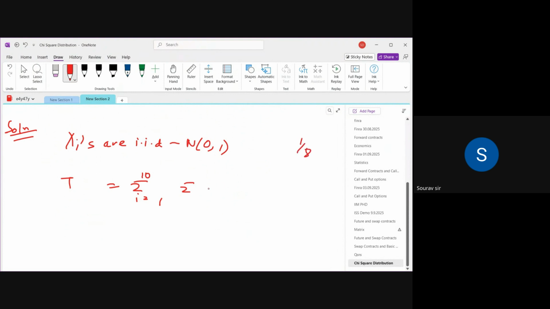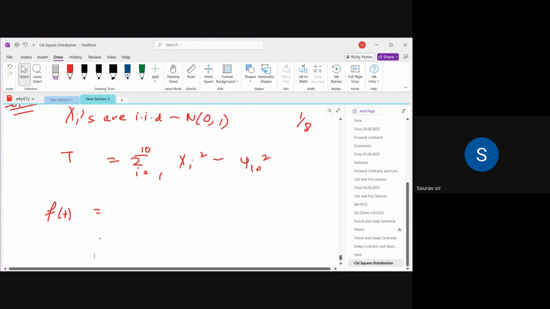Okay, let's see. So here i goes from 1 to 10, so it's a summation. So here T follows chi-square with 10 degrees of freedom. You have to find the density f(t).